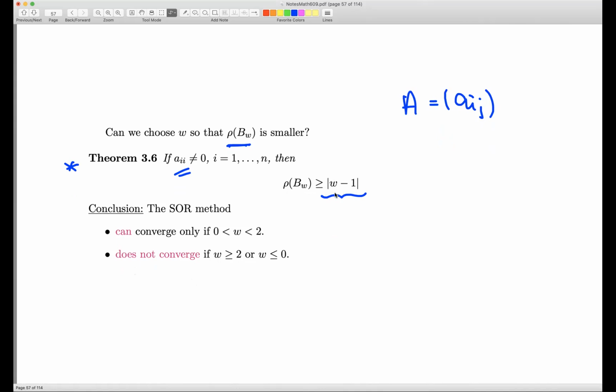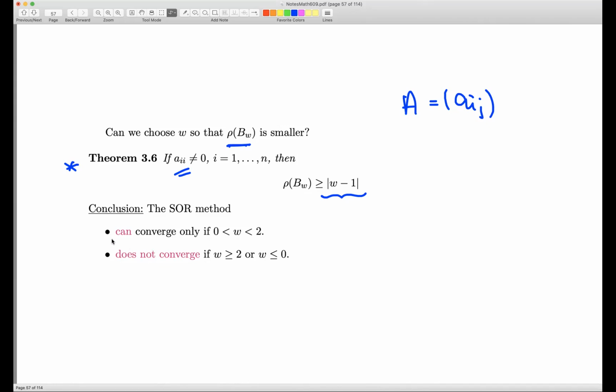Well, if the spectral radius of a matrix is bigger than 4, then we do not have convergence, because remember there was a theorem that says that the iteration process converges if and only if the spectral radius of the matrix is less than 1. So here we're not going to have a convergence.